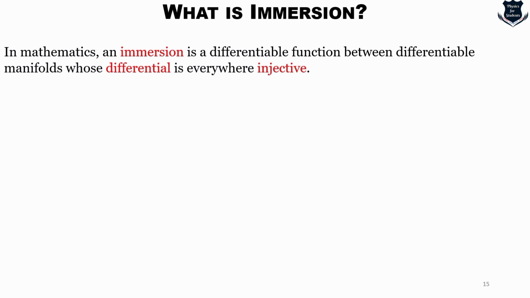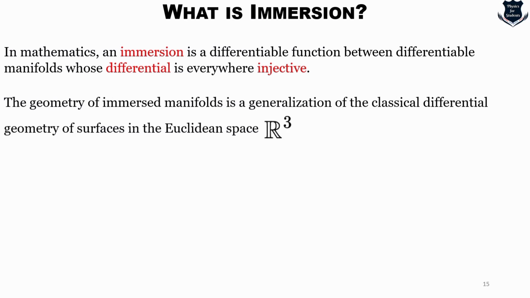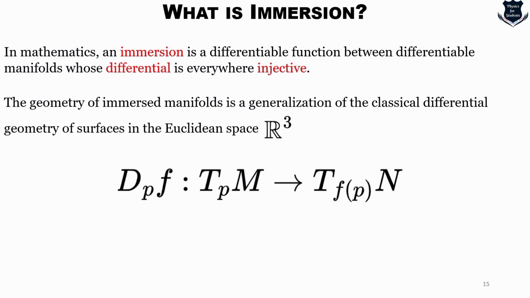The next part, which comes in differential geometry, is what is called an immersion. An immersion is a differentiable function between differentiable manifolds whose differential is everywhere injective. So the geometry of immersed manifolds is basically a generalization of the very old classical differential geometry of surfaces in the R3 Euclidean space, and this is written as this.